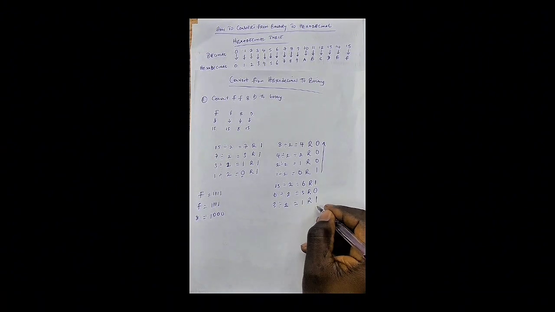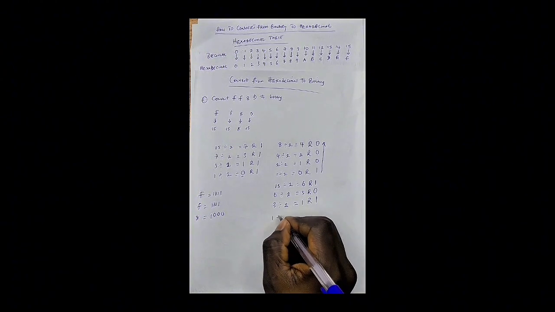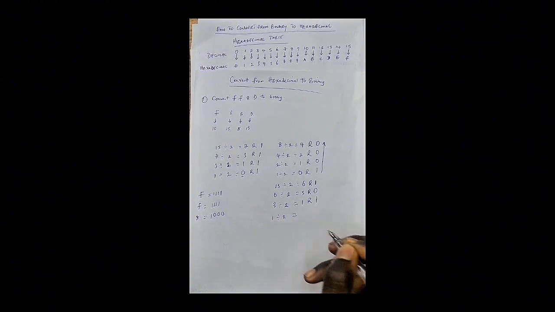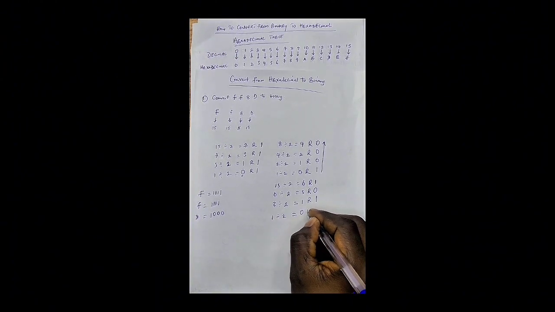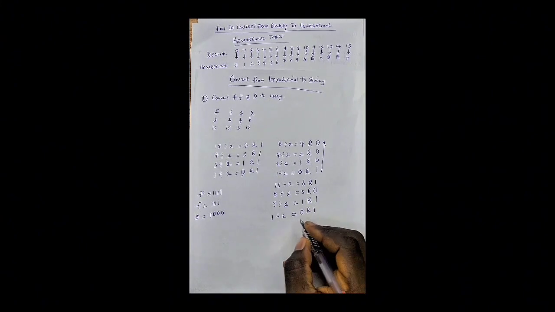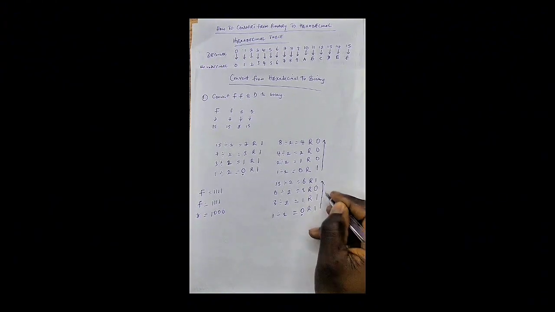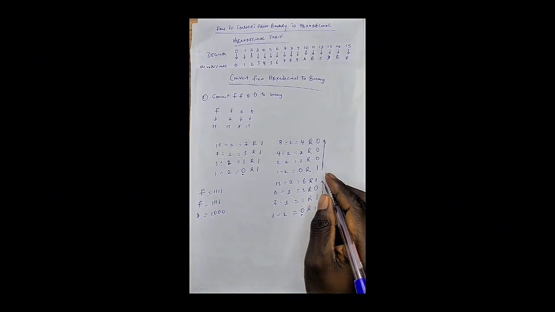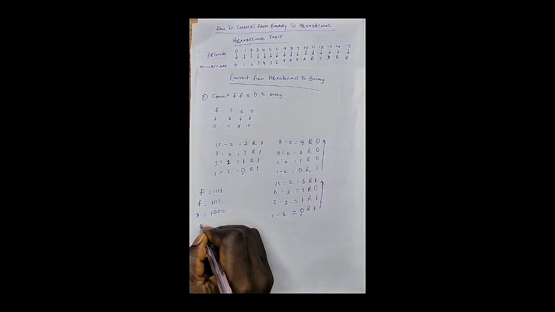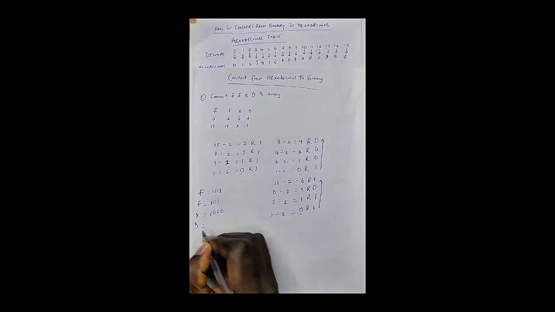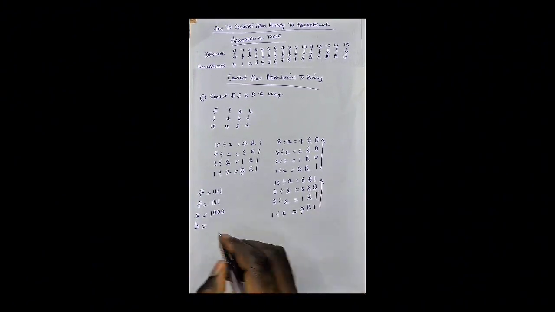Then 1 divided by 2 will give us 0, remainder 1. As soon as we've gotten our 0, we stop. Then you pick from the reverse order, from bottom to top. So 13, which is D, is equal to 1101.